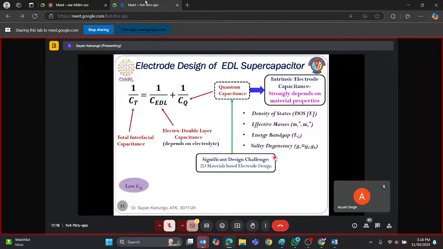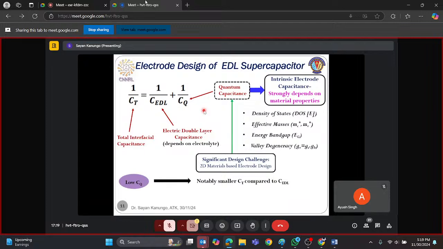The quantum capacitance in the 2D materials is usually much less than in bulk metals. So this leads to a situation where the total interfacial capacitance becomes significantly less than the electric double layer capacitance. So here, let us just take a small pause and try to visualize what we are trying to convey.